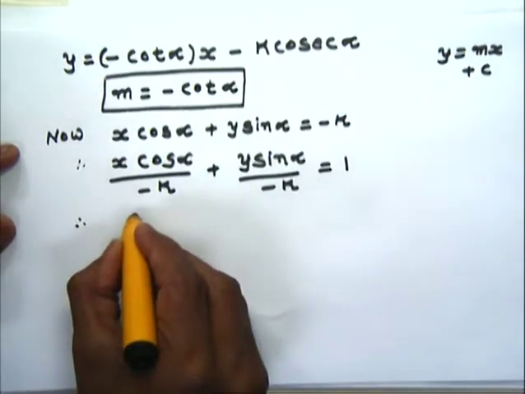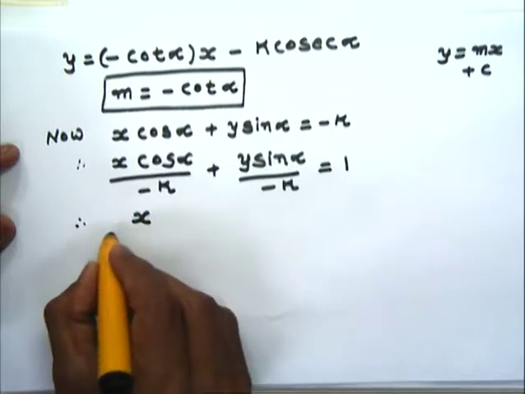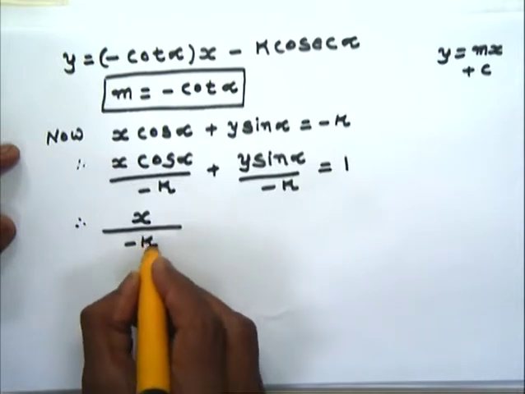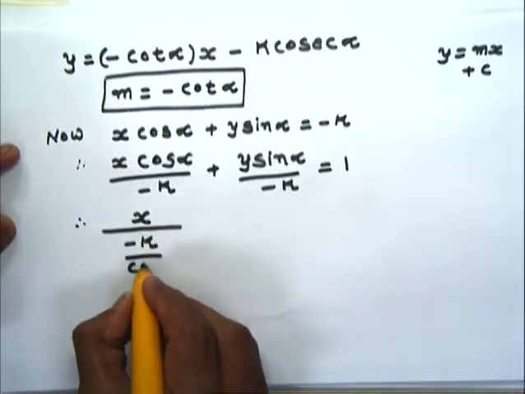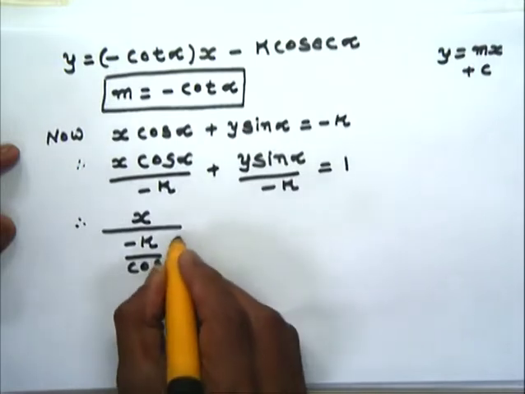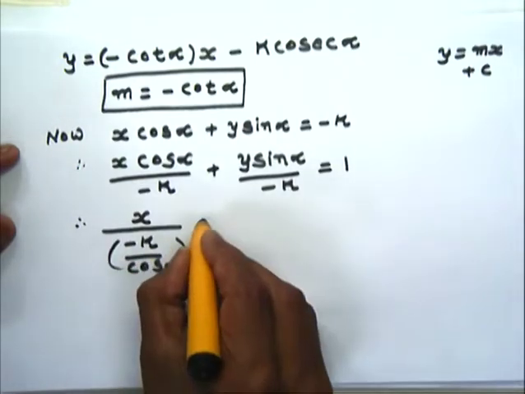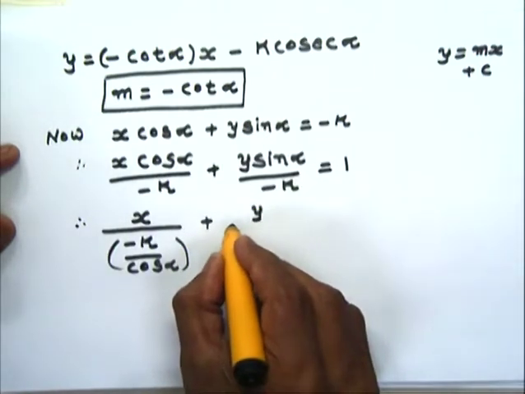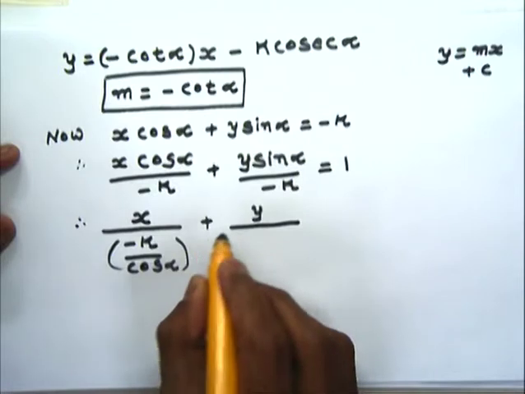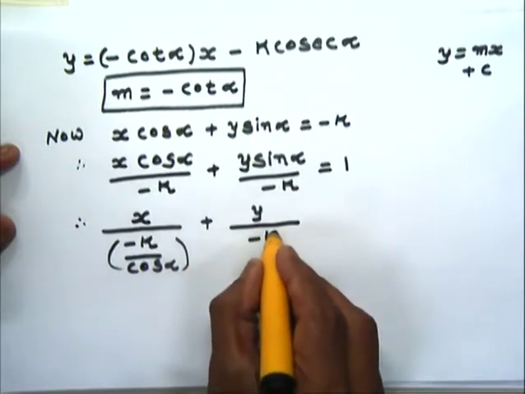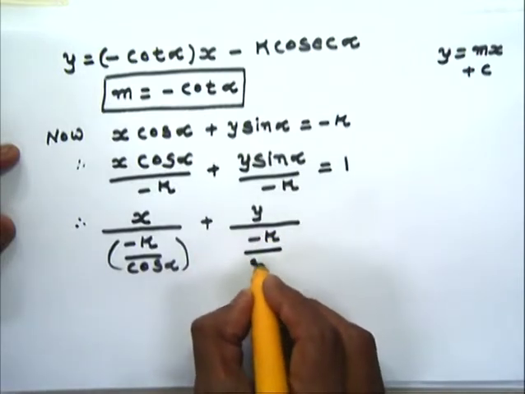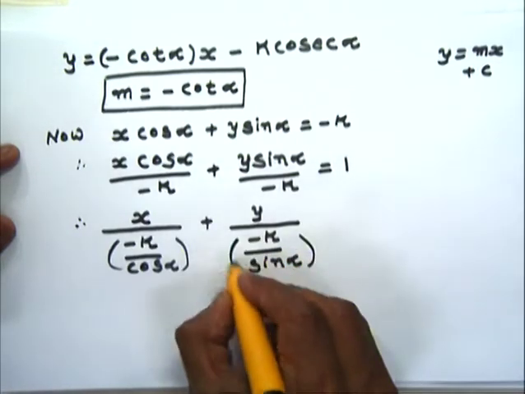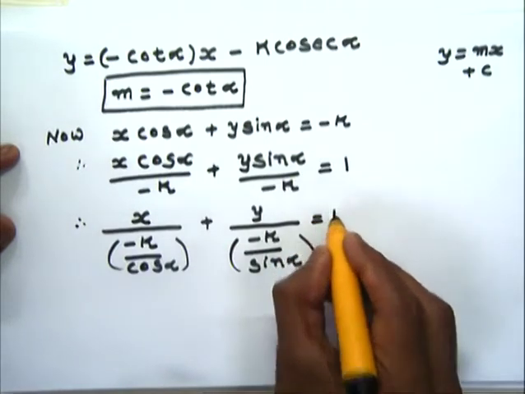Hence it is x upon minus k upon cos alpha, plus y divided by minus k upon sin alpha, that is equal to 1.